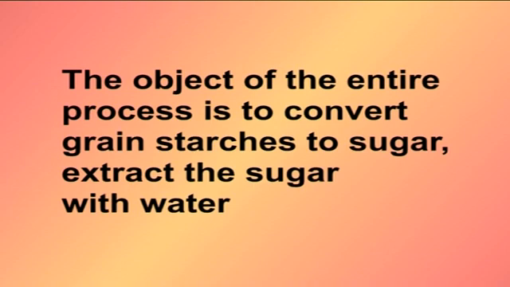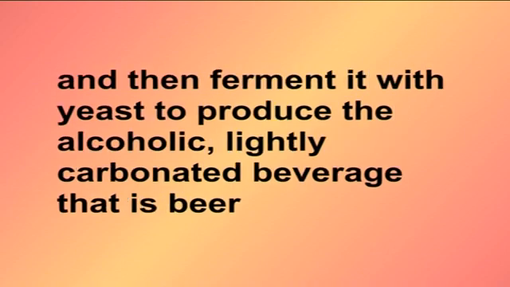The object of the entire process is to convert grain starches to sugar, extract the sugar with water and then ferment it with yeast to produce the alcoholic, lightly carbonated beverage, that is beer.